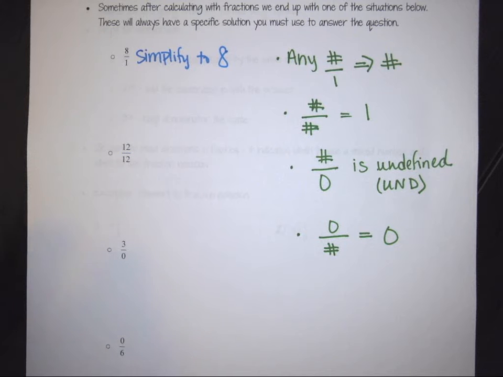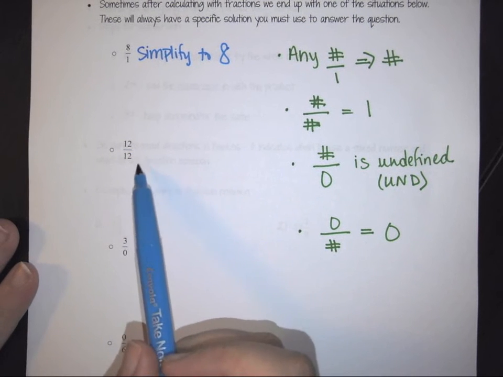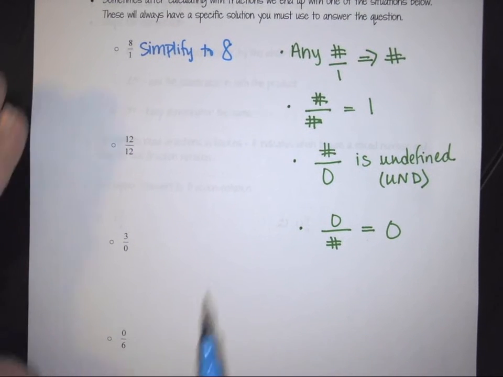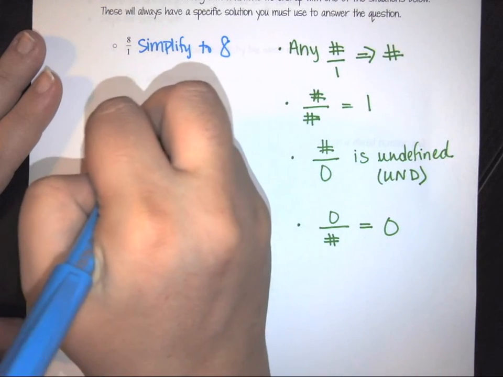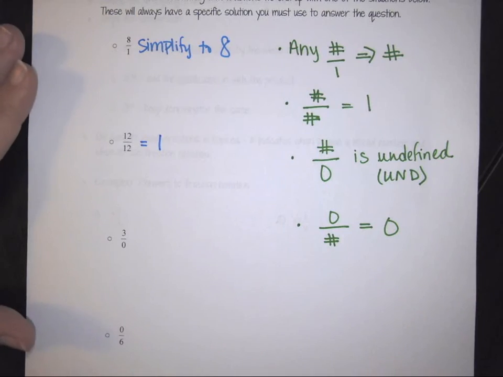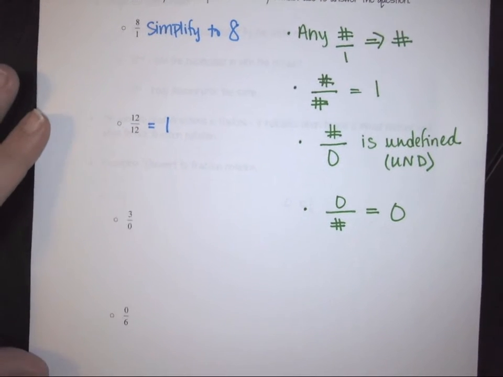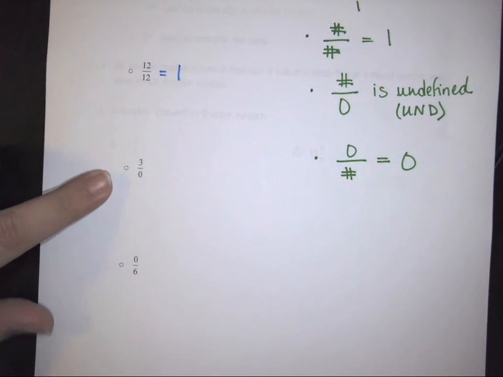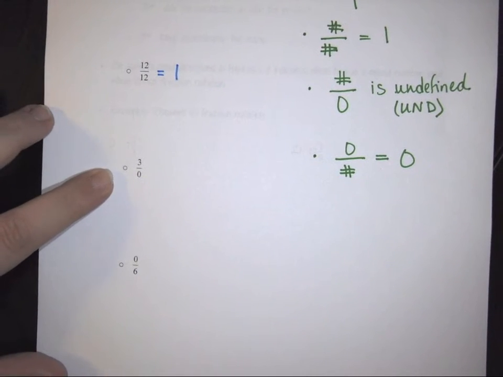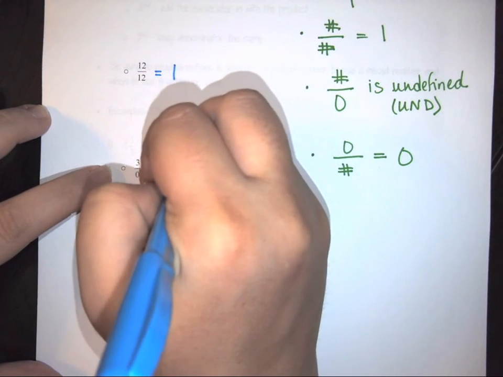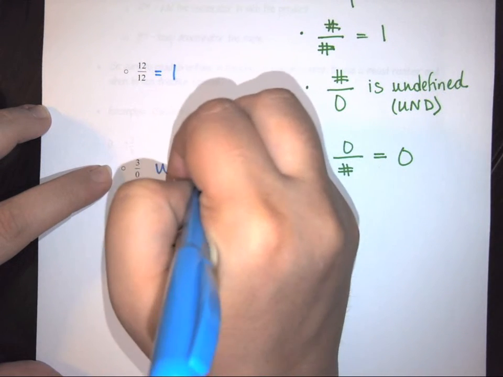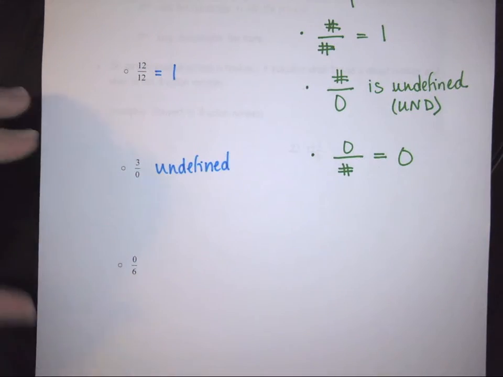Okay? Our second one has 12 over 12. So notice those are going to be the same number. Again, when you simplify, this gives you 1 as an answer. Okay? This third one says we have 3 over 0. So we have to remember that this is undefined.